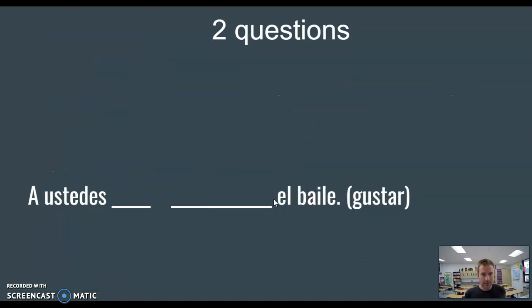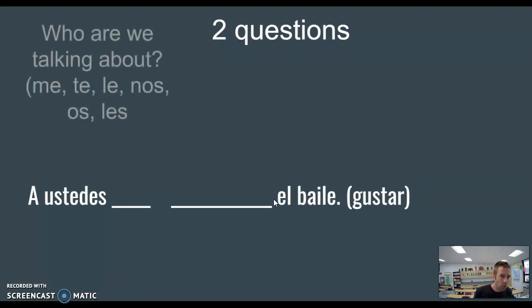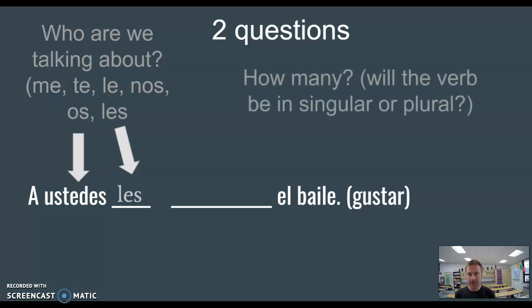So let's do another practice here. Two questions. The first one, who are we talking about? Who is this person that is expressing this opinion? Well, in this case, it's ustedes, right? So, which one of the indirect pronouns are we going to use? Les, right? Les. How many are there? Okay, so how many of this thing are there?